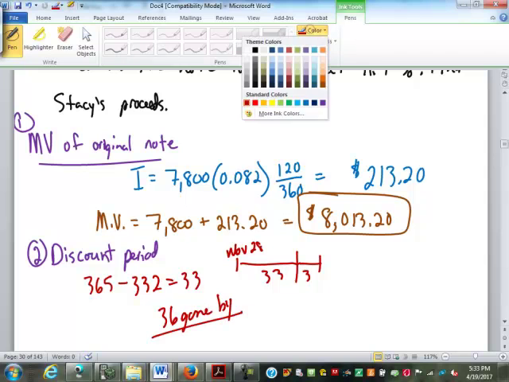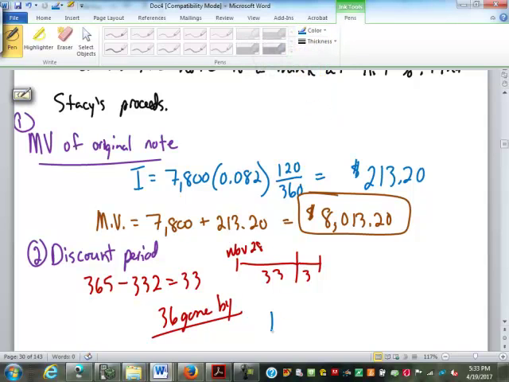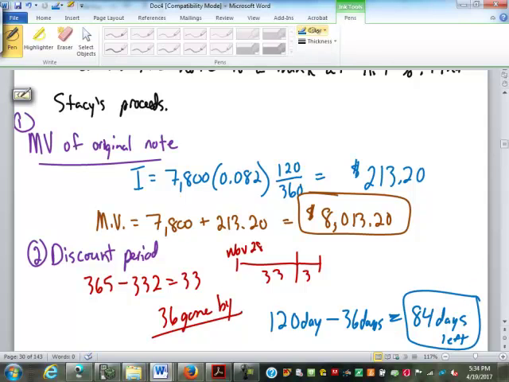But remember, our discount period is the days left. So 120 days is the length of the note minus the 36 days gone by. So this is where you do get the 84 days left. That is the discount period because that's how long the bank is going to hold on to this note.